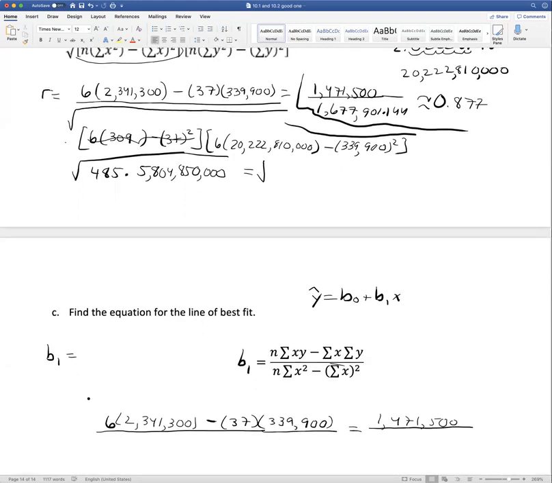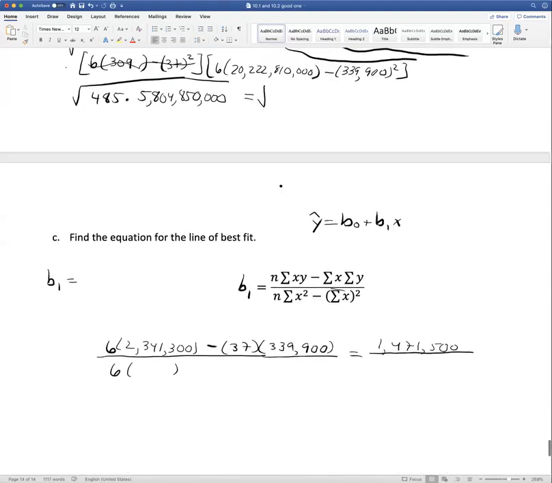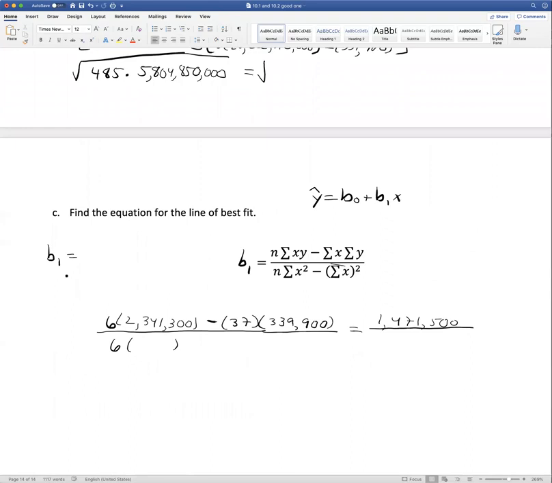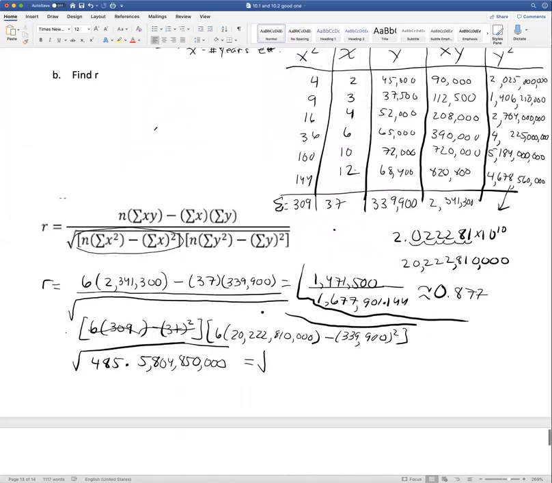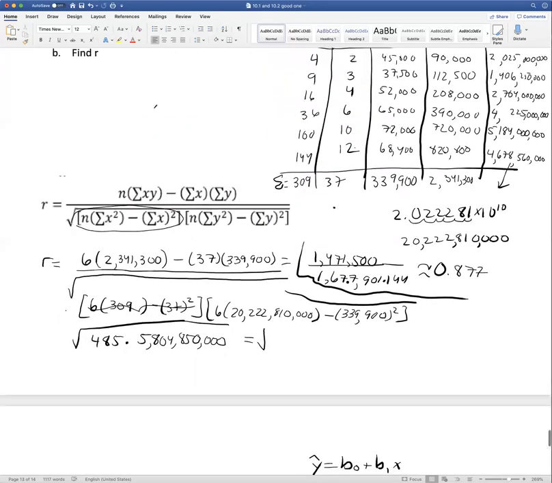So n is 6, times sum x squared, which is this guy over here, 309, minus sum x quantity squared, which is going to give us 37 squared.